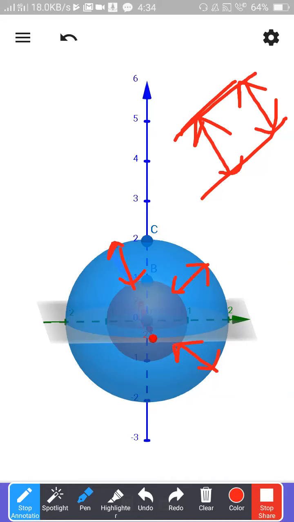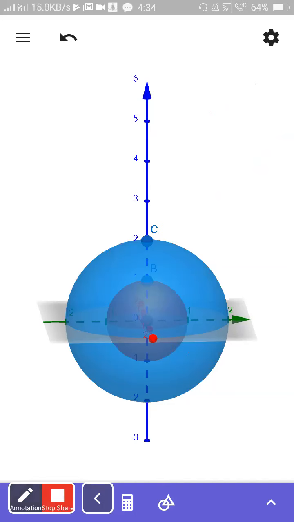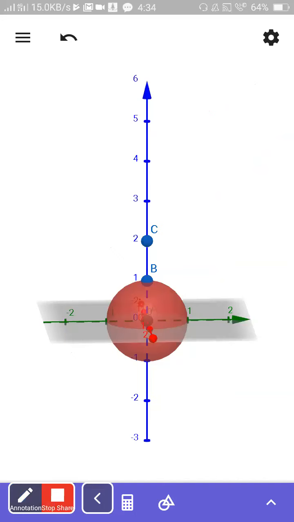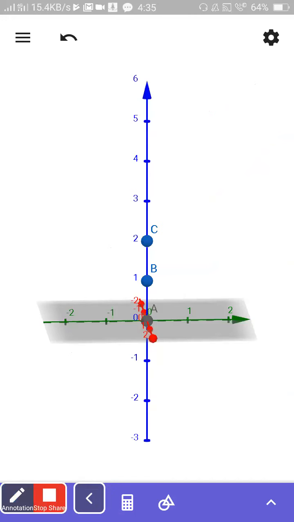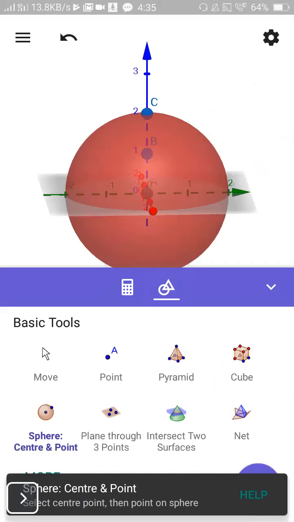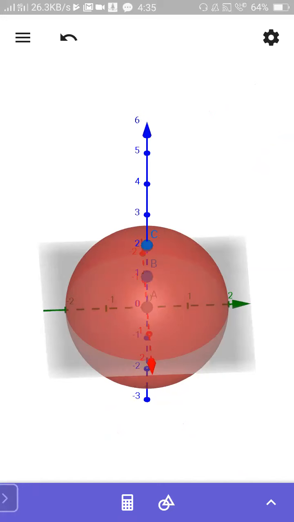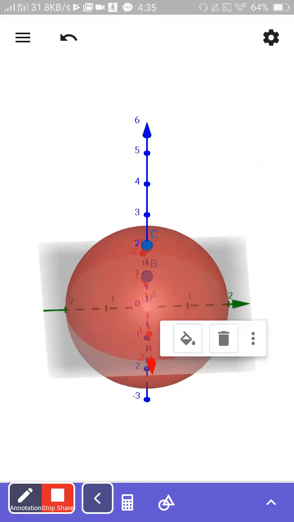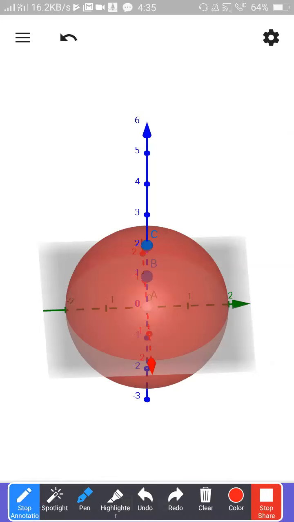Again, what is R? See, now I have a sphere. I take a center point, and I take another point on the surface. What will be this radius?